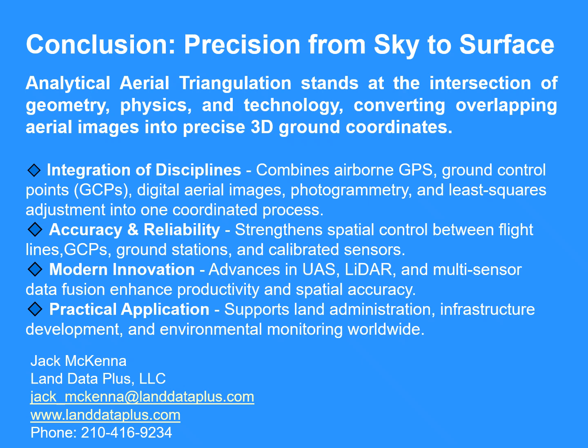Accuracy and reliability. It strengthens spatial control between flight lines, ground control points, ground stations, and calibrated sensors. Modern innovation. The advances in UAS, LiDAR, and multi-sensor data fusion enhance productivity and spatial accuracy. The practical application supports land administration, infrastructure development, and environmental monitoring worldwide.